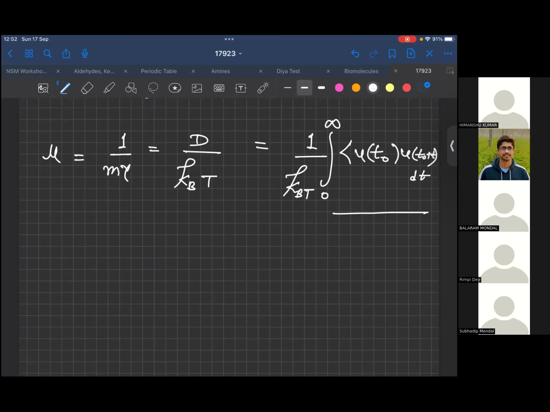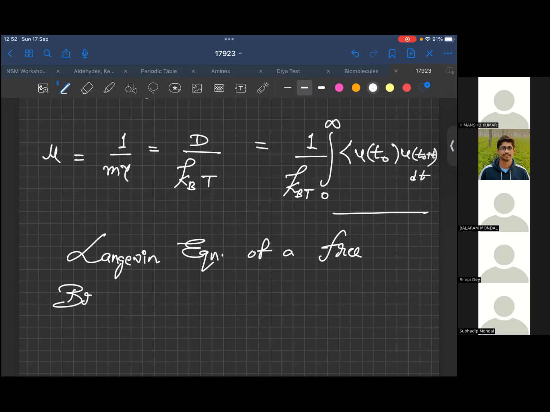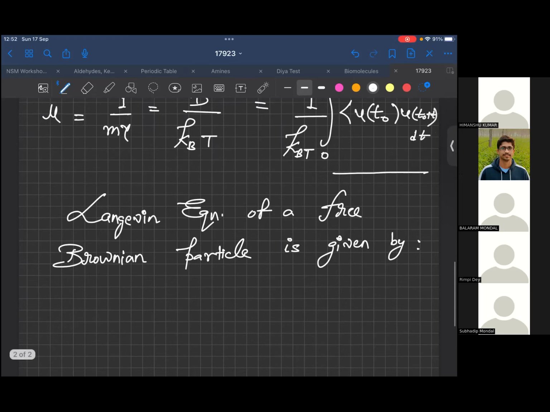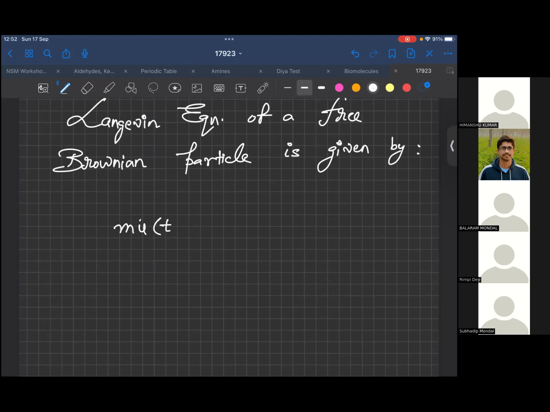So the simplest example is a free Brownian particle, the Langevin equation of a free Brownian particle, given by... Now here you can see this is our frictional part that we discussed from Einstein's ideology of Brownian motion, and this part is our random force.